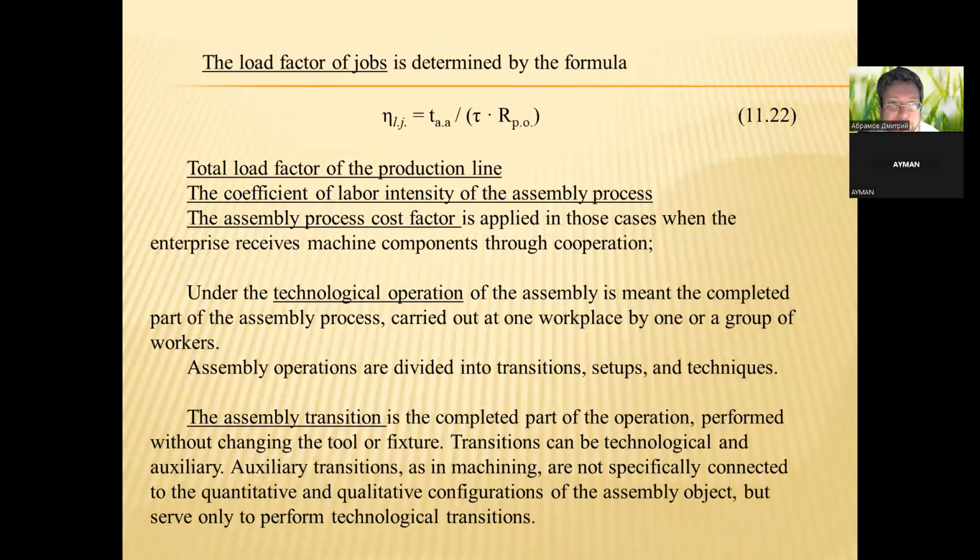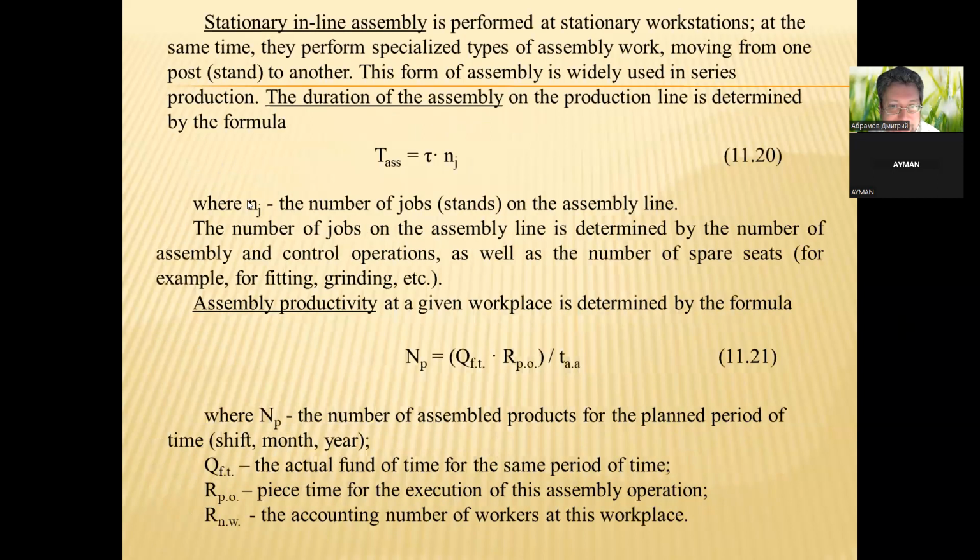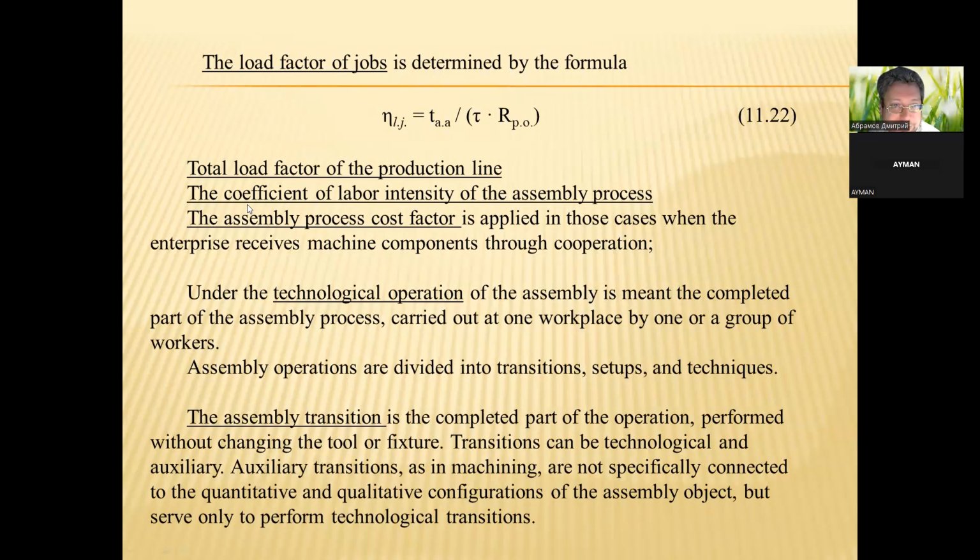The load factor of jobs is determined by the formula 11.22. Total load factor of the production line. Other parameters that characterize the assembly process are the total load factor of the production line, the coefficient of labor intensity of the assembly process, and the assembly process cost factor.